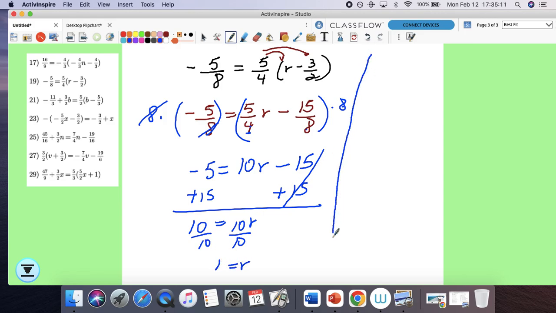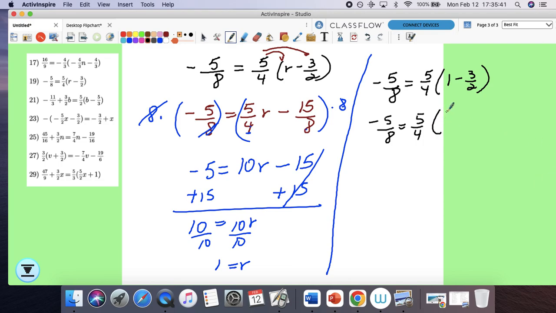The second best choice answer in the world after 0 is only 1. Negative 5 over 8 equals 5 over 4 times r, which is 1, minus 3 over 2. Negative 5 over 8 equals 5 fourths. Now think about what 1 minus 3 over 2 is: 1 and a half, so you're literally left with 1 over 2, negative, right?